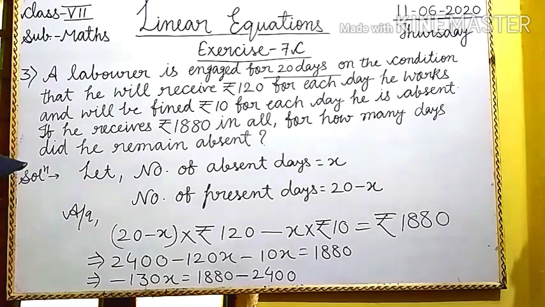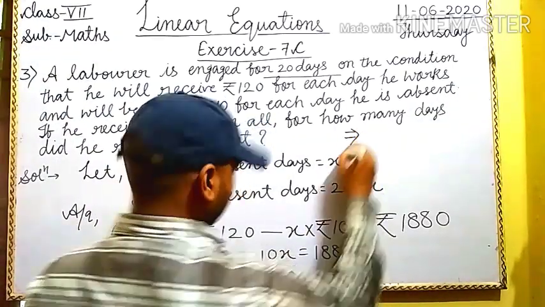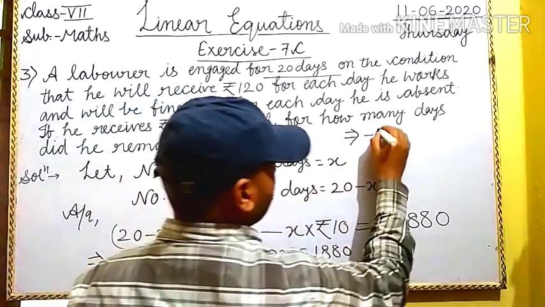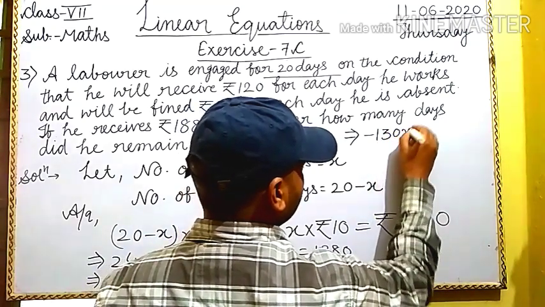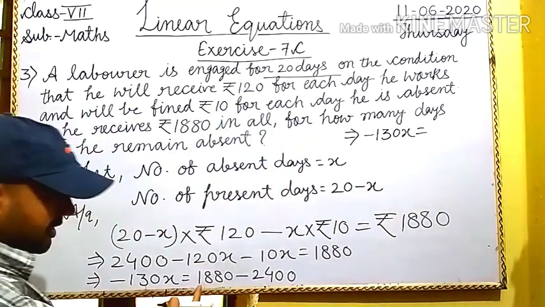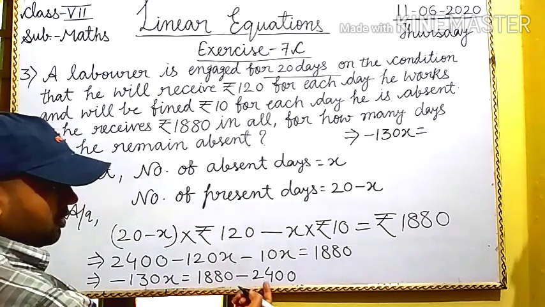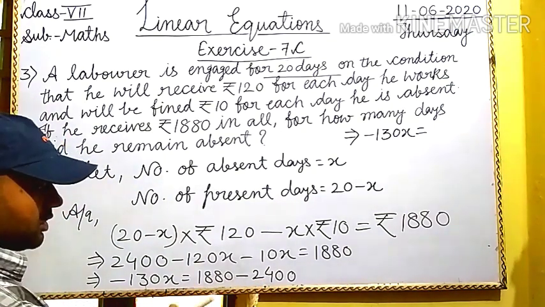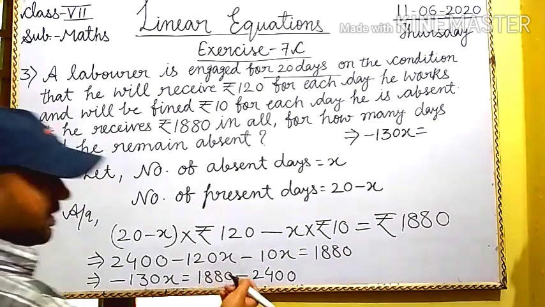Is it clear? Here we write minus 130x. Here we subtract 2400 minus 1880 with a minus sign.